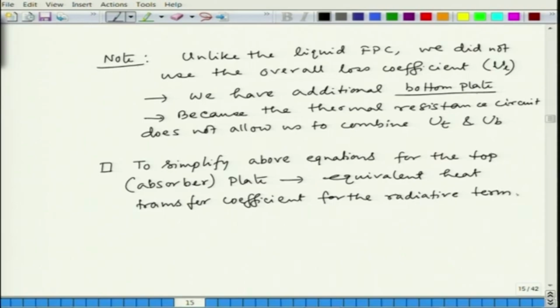This we introduced in the liquid flat plate collector as well, to combine the radiative term into the common delta T form. We will use this equivalent radiative heat transfer coefficient HR, multiplied by the temperature difference between the absorber plate and the bottom plate, and that will be equal to the heat transfer rate between the absorber plate and the bottom plate.